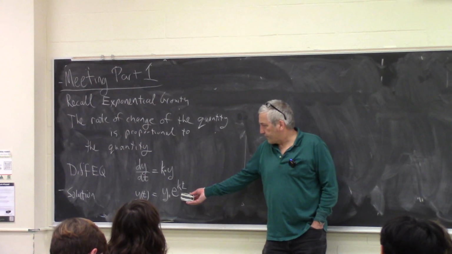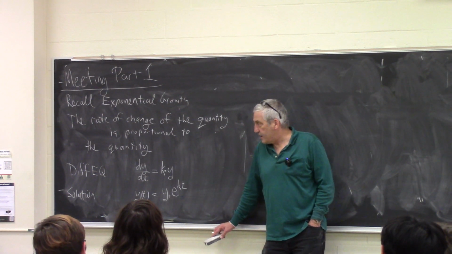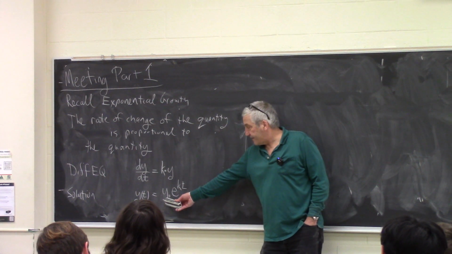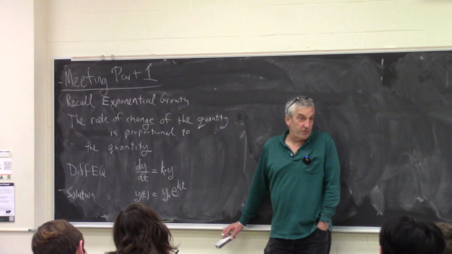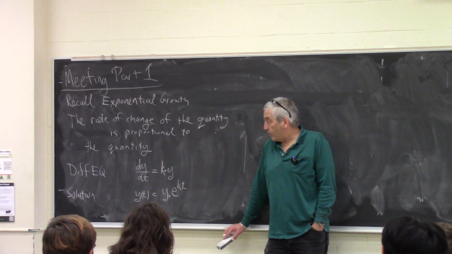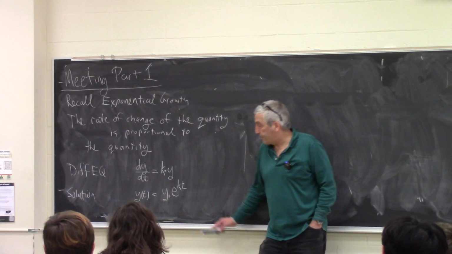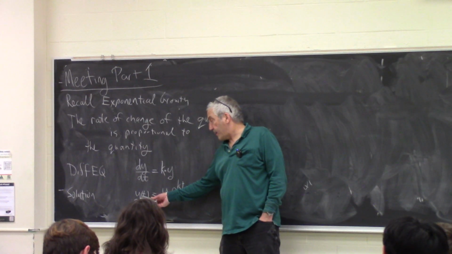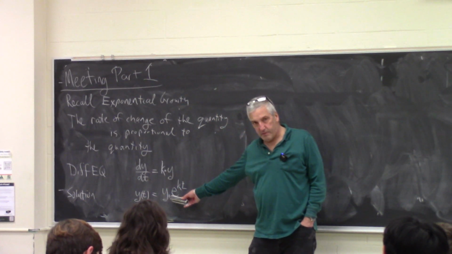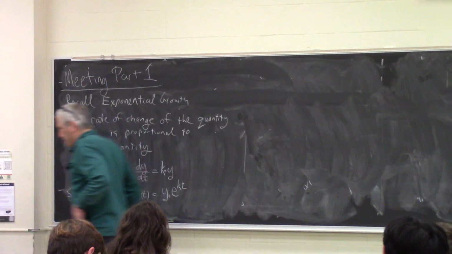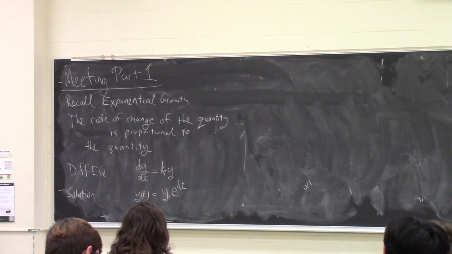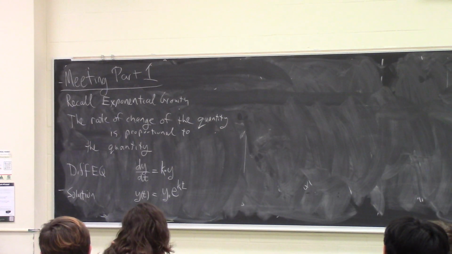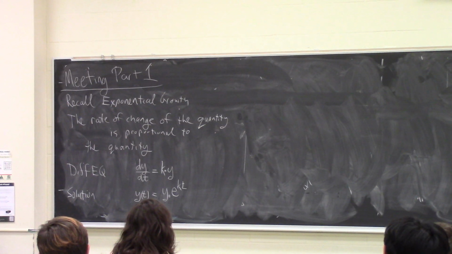And the solutions are of this form: y as a function of t equals the constant y0 e to the kt. So y0 is the initial value. If you plug in 0 for time, you get y(0). So y at time 0 turns out to be that symbol, y0. Now, a couple of things to observe.